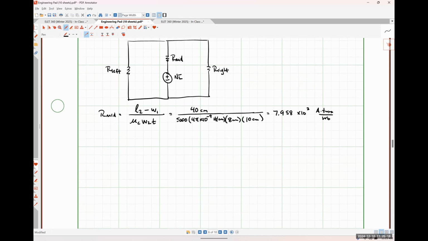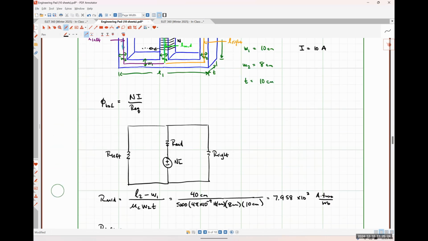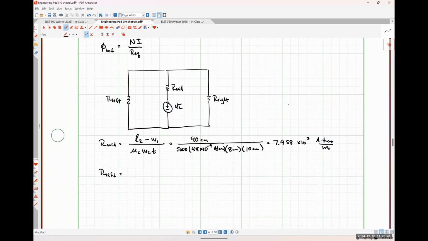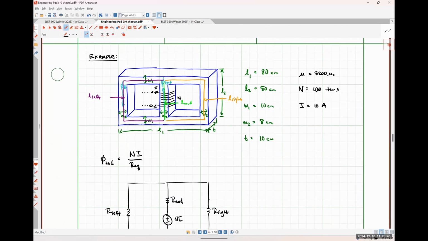All right. So now let's talk about the left-hand side. We've got this section on the top, and we've got a section on the bottom. Those have the same length and they have the same cross-sectional area, so we can lump those together pretty easily, right? So I'm going to do twice. So what's the length of that top portion of the purple path?